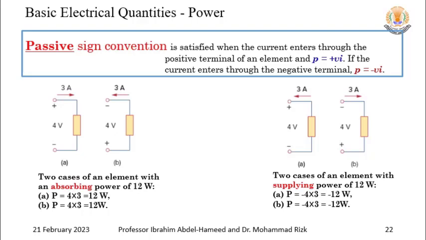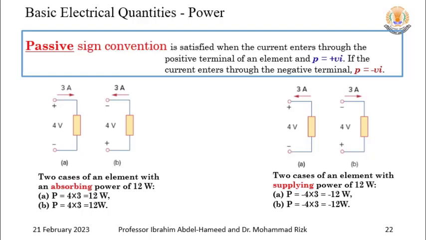So negative times negative is still positive, and the right-hand side figure is the same as the left-hand side figure. That's why the power in both cases is plus 12 watts. Plus means absorbed. Clear?